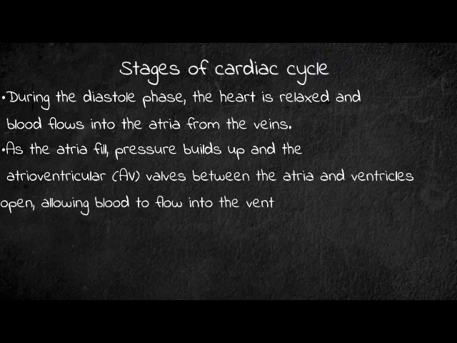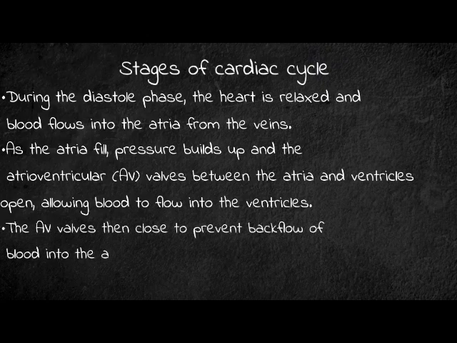The deoxygenated blood from the whole body comes into the atria, which are the upper chambers of the heart. As the atria fill, the pressure builds up, and the atrioventricular valves, which are the valves present between the atria and ventricles, open up and blood flows into the ventricles.